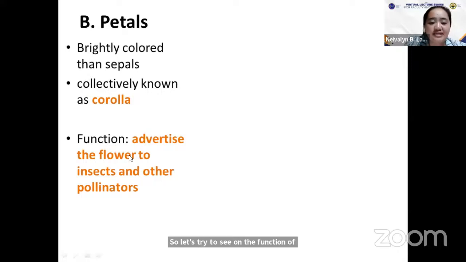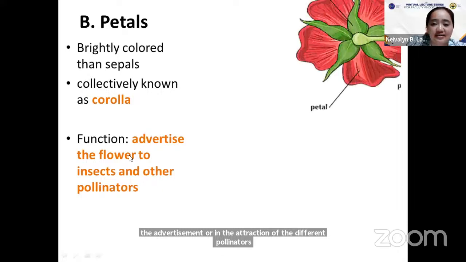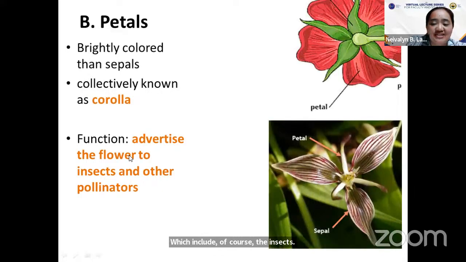The petals play a role in advertisement, or in the attraction of the different pollinators, which include, of course, insects. This is what we call the petal. It's the colored portion of the flower.